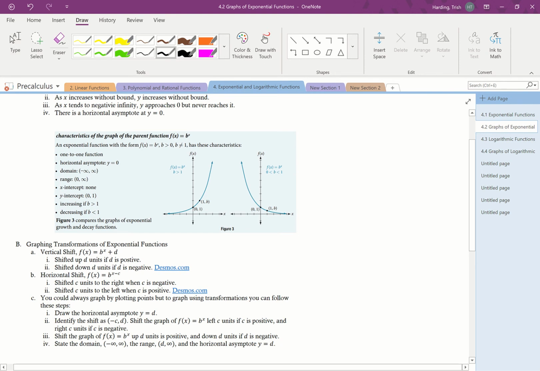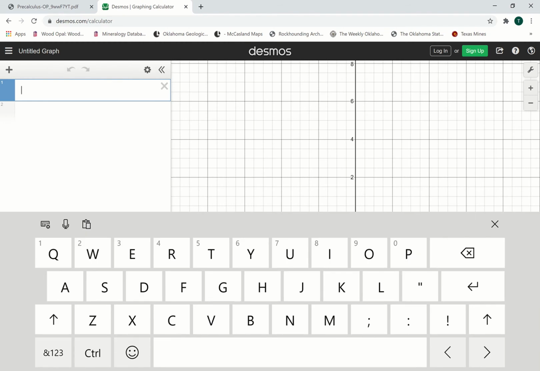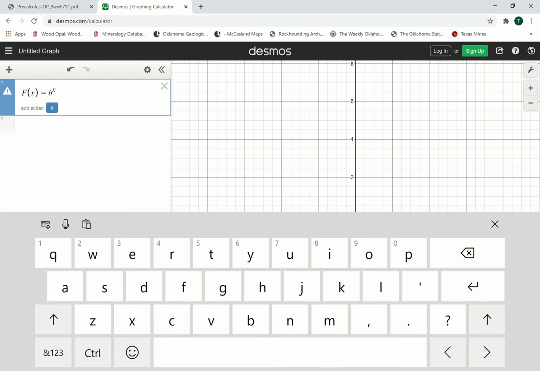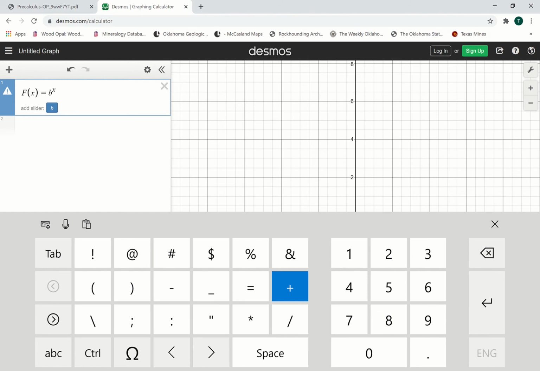Here we will have a vertical shift. We will review that, b to the x plus d. We will do f of x equals b to the x plus d.